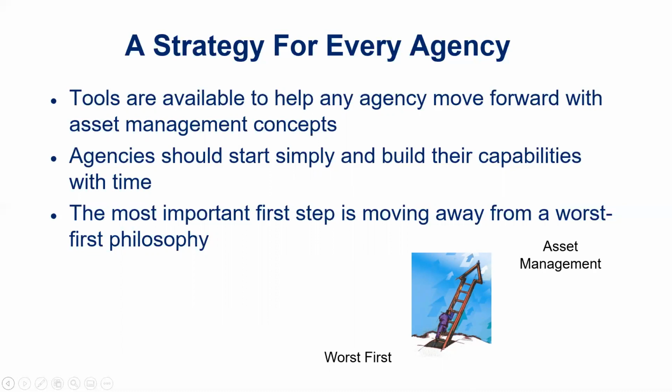Begin to move away from worst first to an asset management approach. And that philosophy is going to put you in much better shape 5 years from now. It's going to put your network in much better shape 5 years from now. Even if you don't have it all in place, even if you don't have it all figured out, just take the first step and start moving in that direction.